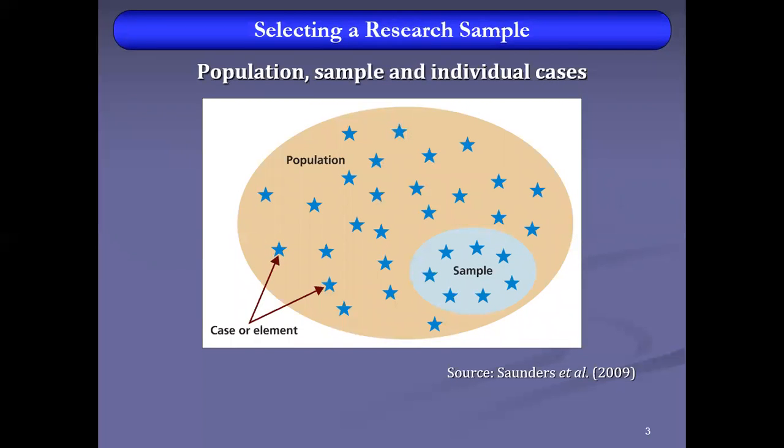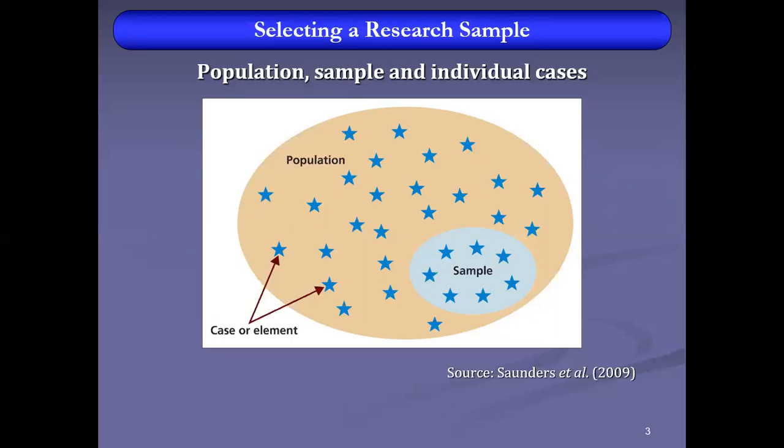Selecting a research sample: population, sample, and individual case. We have already discussed the example. We need to collect data from students in our university, and the whole 8,000 students are our whole population, and every student is a case or element. If we select 1,000 students from the 8,000 using different sampling techniques, that would be a sample.